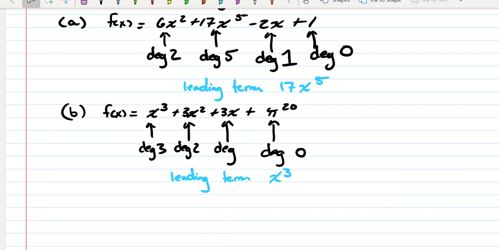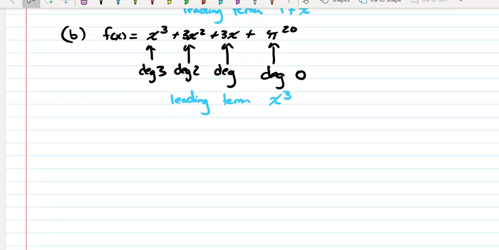All right, so this leads to our first theorem in this section. And that theorem is going to go along with this chart-looking thing in your structured notes. So our theorem is called the leading term test.